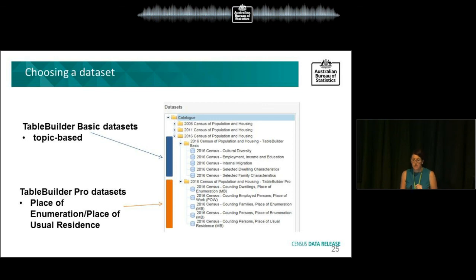They're housing the people variables that you'll see. And then we've got dwelling and family characteristics. But like I said before, if you want to cross-classify family, dwelling and people variables, then that's when the TableBuilder Pro Datasets come into play, where you can get all of this information together for usual residence and place of enumeration data as well.